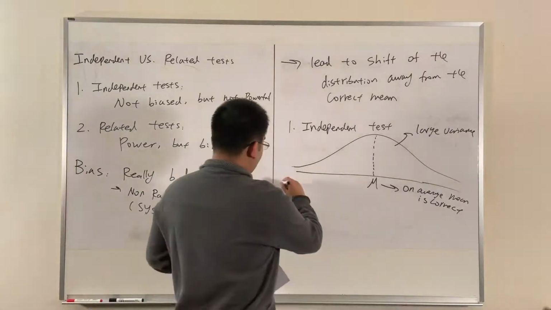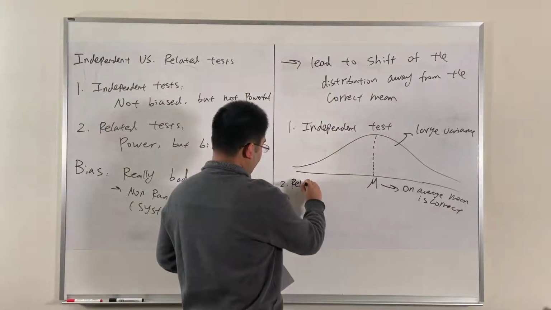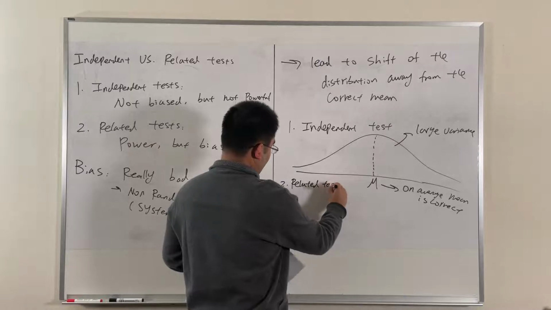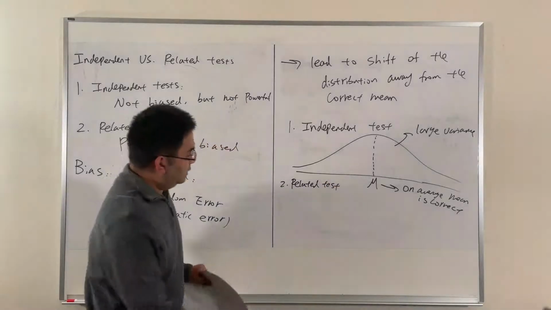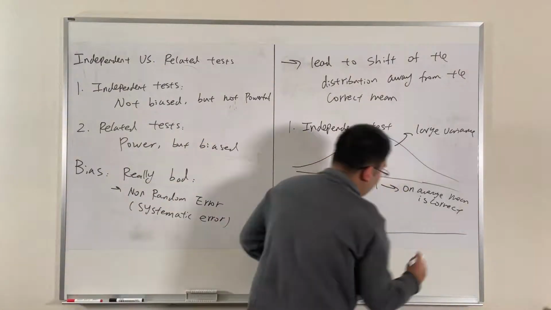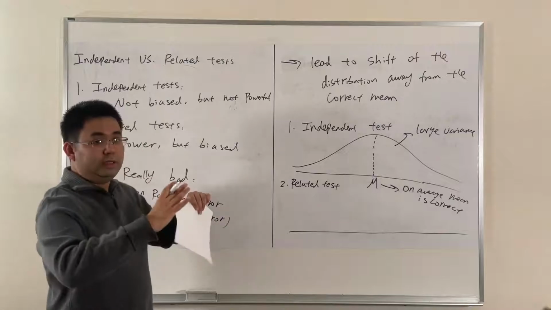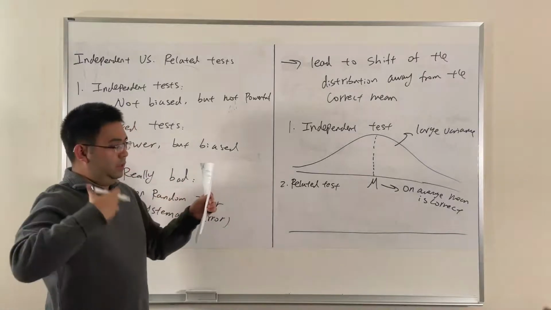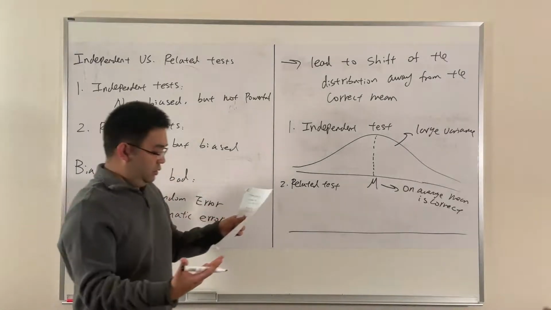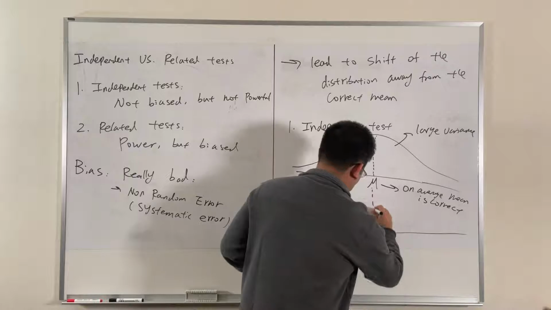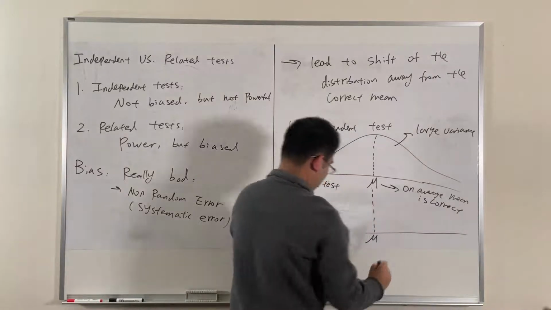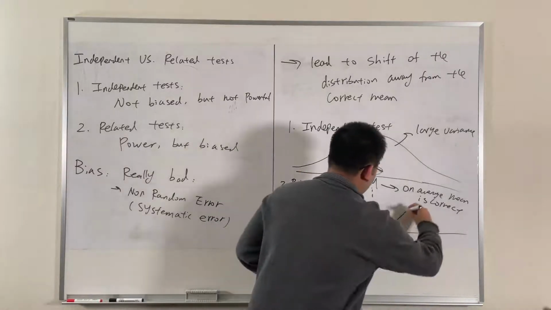Whereas for related tests, what's going to happen is you will have a small variance, so the data are concentrated, but then the mean is going to be incorrect, right? So let's say the mean is here, but the distribution is somewhere here.